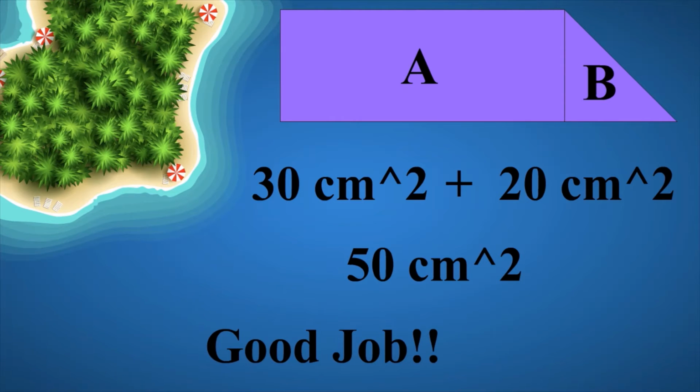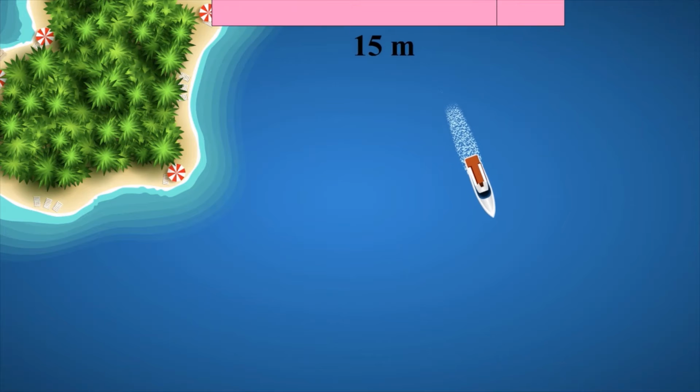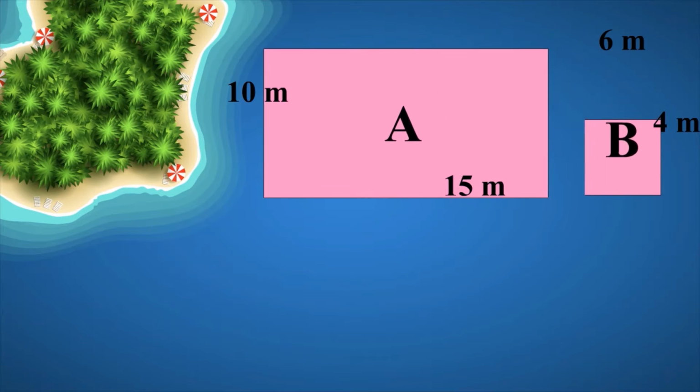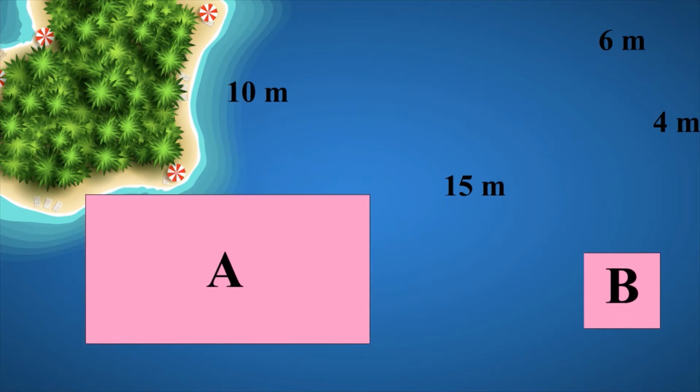Now that we've got this one down, let's try and look at another example. This example can be broken up into two shapes, but first draw it on paper, so pause the video. Alright, so we have two shapes, shape A, which is a rectangle, and shape B, which is a square.